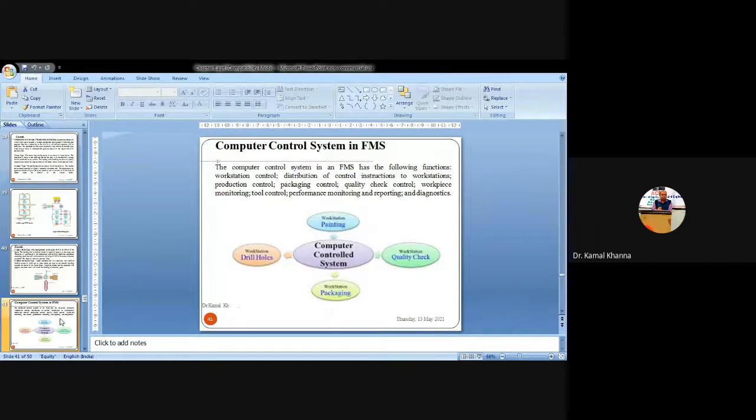Next is the computer control in FMS. So what is the advantage of computer control in the FMS? We can see everything can be controlled with the assistance of computers.